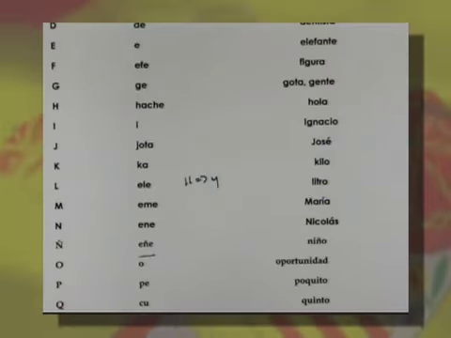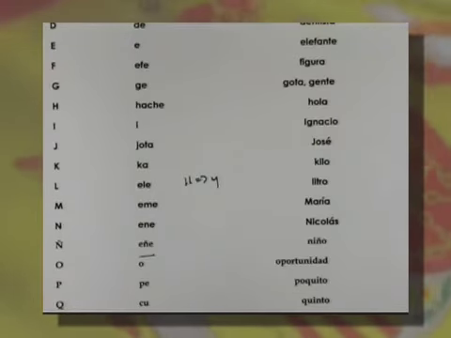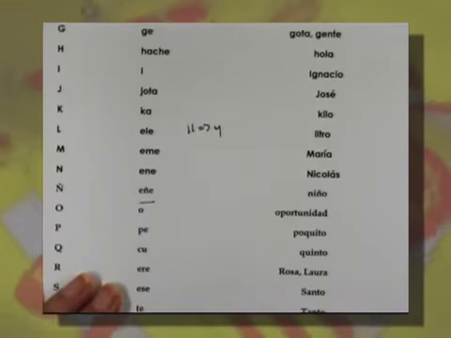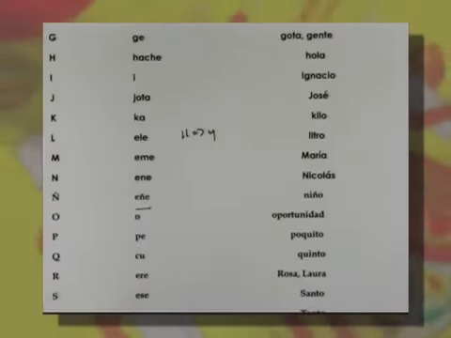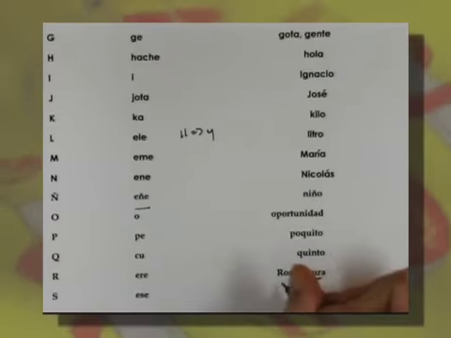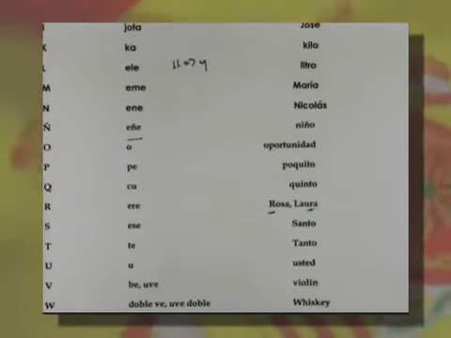The R can either be rolled or a single R. If it begins the word, as in rosa, or if it's two double R's in the word, como perro, then you roll your R. If there's one single R, as in Laura, then you do not have to roll the R. V, the V is more like a B. It's a soft B, violin.